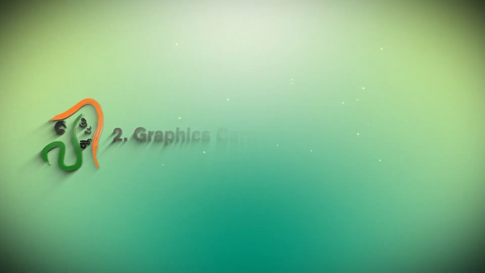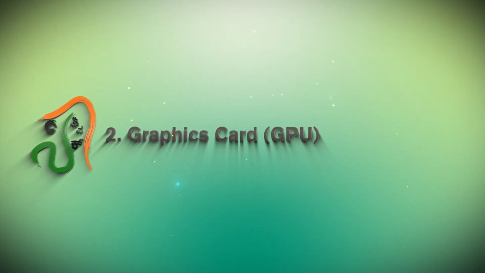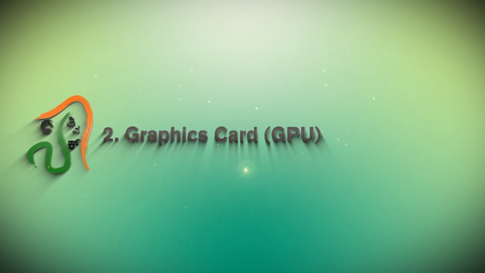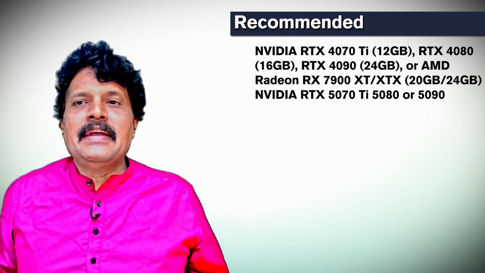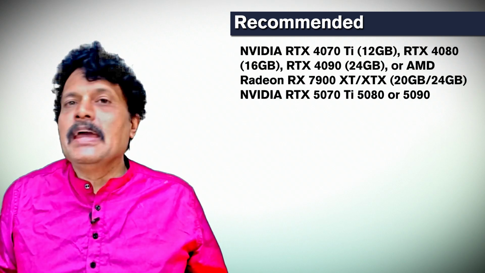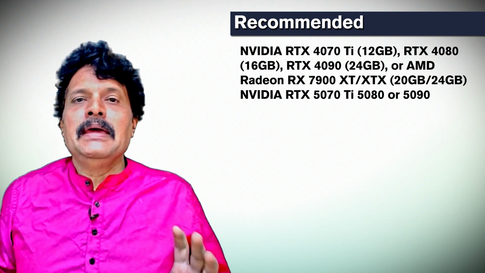Now the second one we are going to discuss is the graphic card, which we call the GPU. The minimum recommended for professional work is NVIDIA RTX 4070 Ti with 12 GB VRAM.